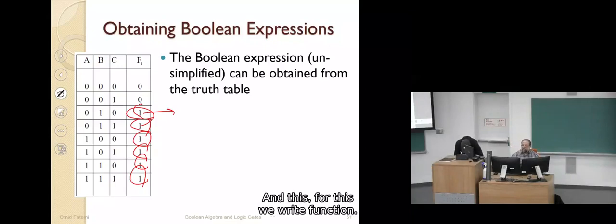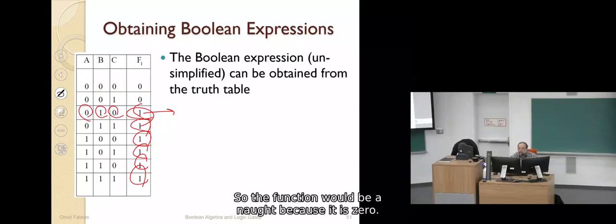And so for this we write the function. What should we write? When A is 0, B is 1, C is 0, the output is 1. So we can write it as an AND function where the output of the function is 1 at this input, and it would be 0 for all other inputs.